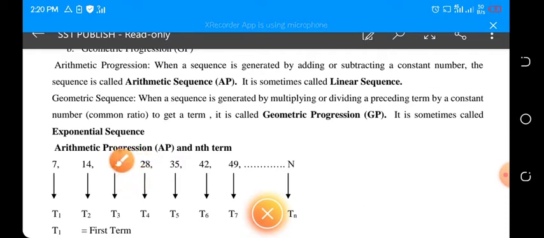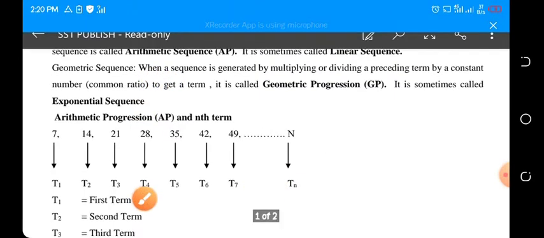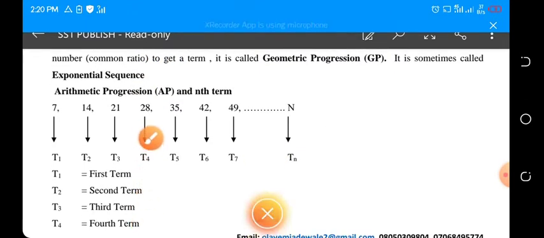Okay. Now let's check how we can use the arithmetic progression and the nth term. The arithmetic progression and the nth term. Now from the examples given above, I pick this one up: 7, 14, 21, 28, all the way to the level of n. This n shows the number of terms that I don't know, because this one continues.